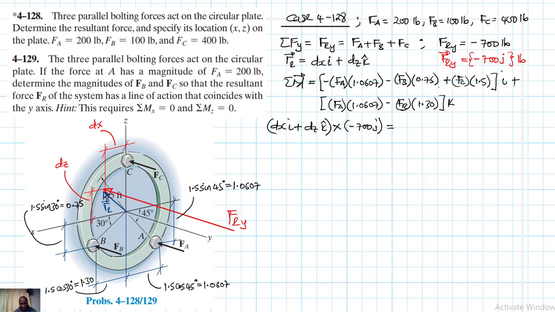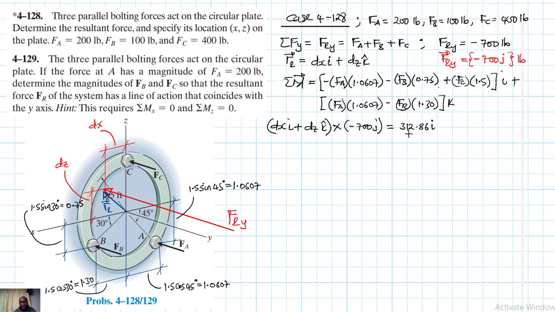FA we said is 200, so minus 200 times 1.0607 minus FB, which is 100 times 0.75 plus FC, which is 400 times 1.5. So this one gives us 312.86I. Okay. Can I just go through it again? Minus 200 by 1.0607 minus 100 by 0.75 plus 400 by 1.5.